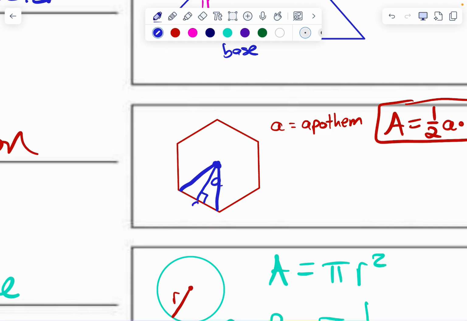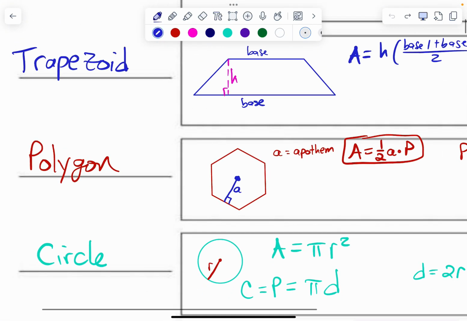If we just temporarily call that the side length. Okay, now if we just did that on every one of these, do you see how it's always going to be A, and then if we add up all the side lengths, that's P. Okay, so it's just 1/2 the apothem times the perimeter, because it's all just adding those triangles together.